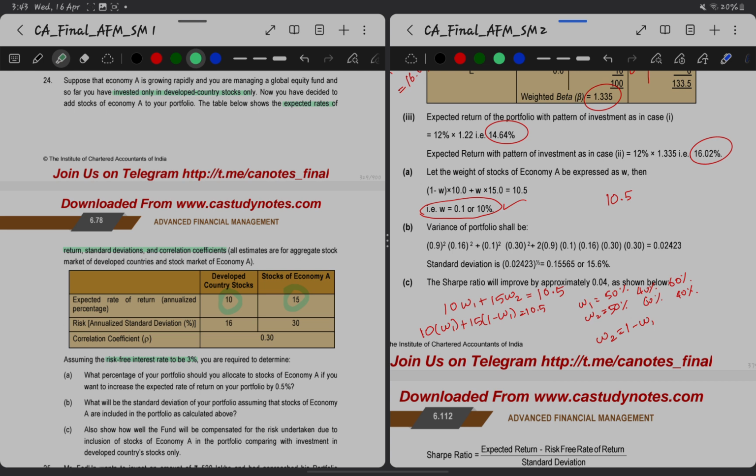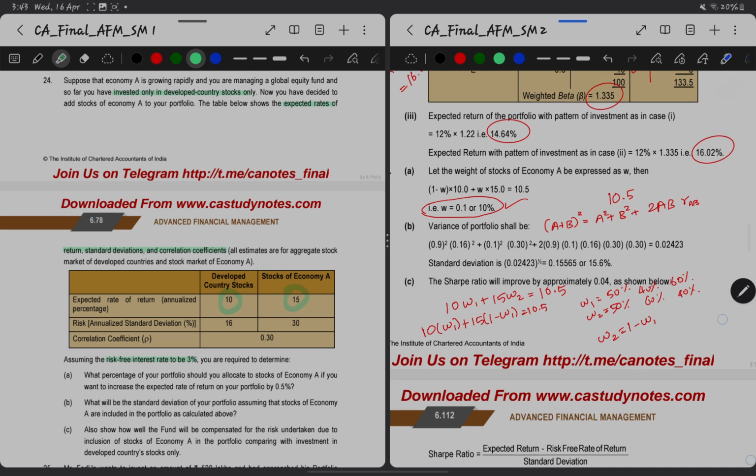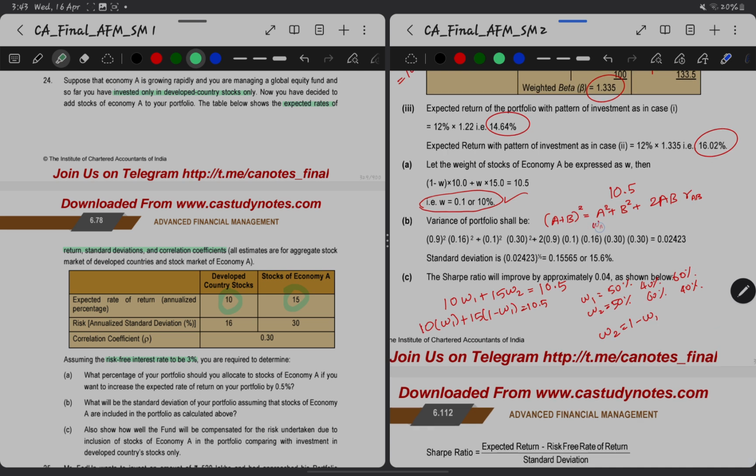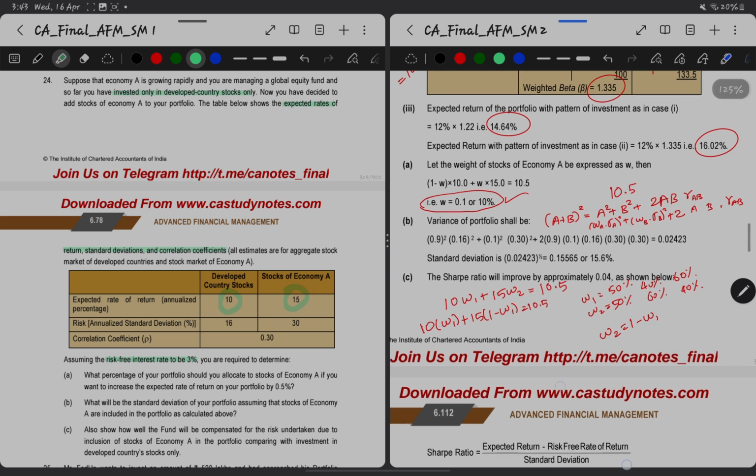As we solved in our previous problems, we'll be using the A plus B the whole square approach, wherein A square plus B square plus 2AB multiplied by the correlation coefficient of A and B, wherein A square is nothing but weight of A multiplied by standard deviation of A the whole square, plus weight of B multiplied by standard deviation of B the whole square, plus 2 into weight of A multiplied by standard deviation and weight of B multiplied by standard deviation multiplied by the correlation coefficient. That's what they have also given here.